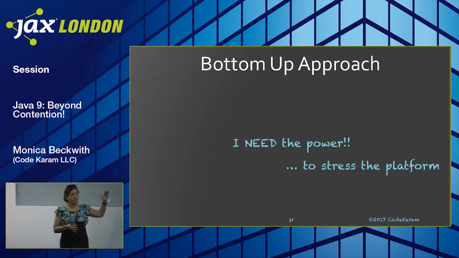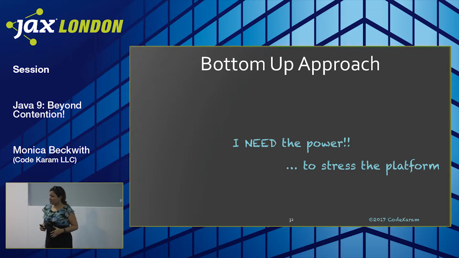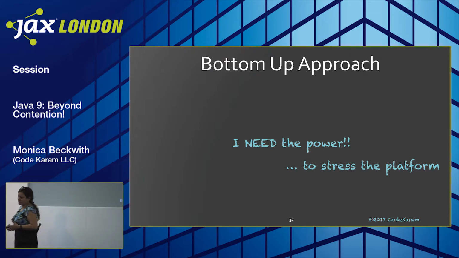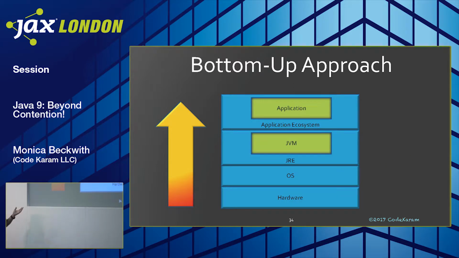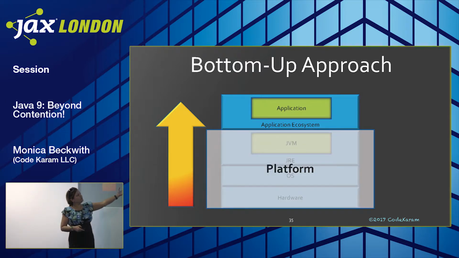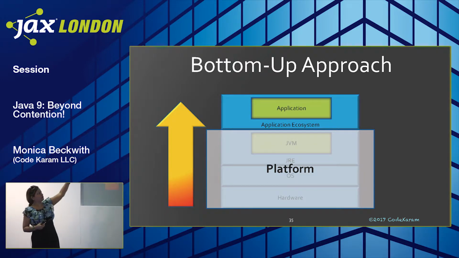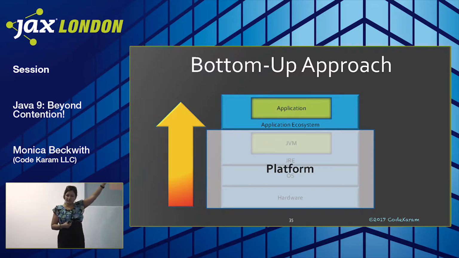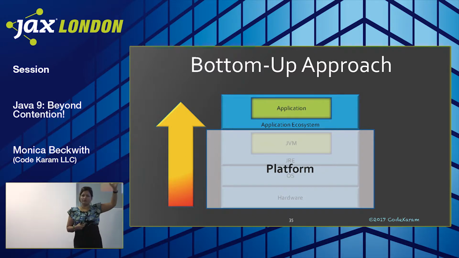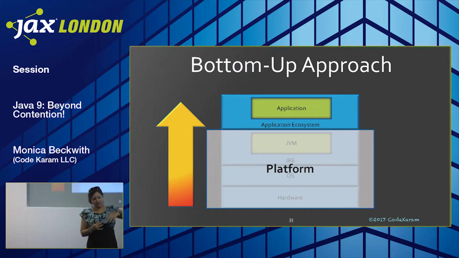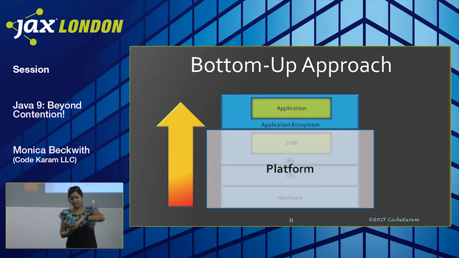I made changes somewhere in the platform layer, and I want to stress it. That's most important to me. The bottom-up approach for the same stack is basically your platform. Anywhere in the platform, if you have made some changes, you should be able to stress it. The stress applicator would definitely be your application layer. But at that time, you don't care so much about changes to the application, but about it being able to stress your platform.